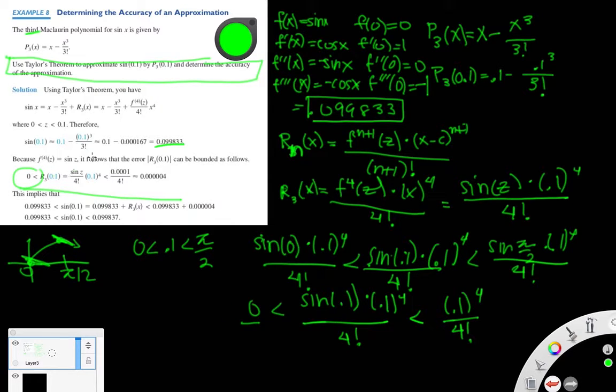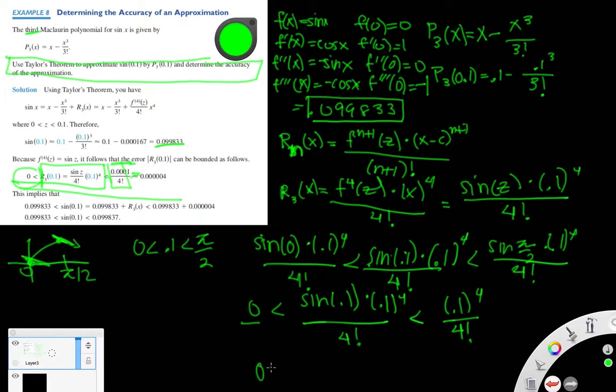And then this is what they define as the error. Sine of z over 4 factorial times 0.1 to the 4th is equal to the error of the 3rd degree, which is less than sine of pi over 2 times 0.1 to the 4th power over 4 factorial. This is exactly this step. And then they approximate this to be equal to 0.000004.